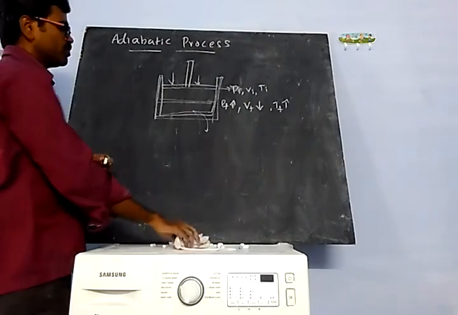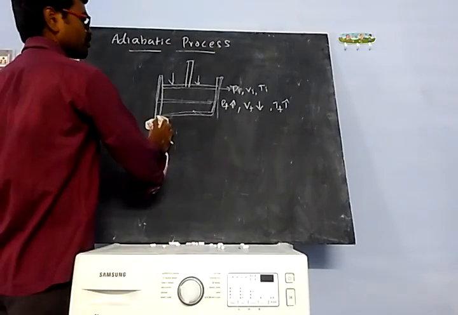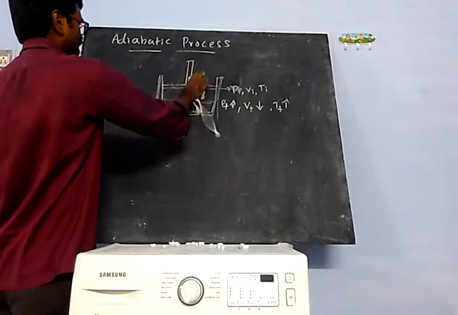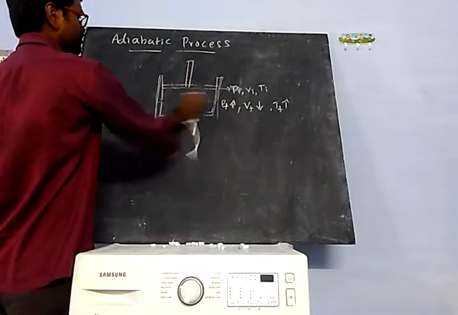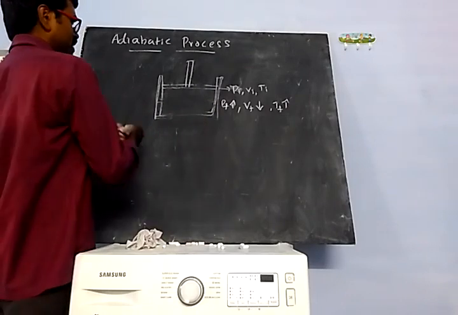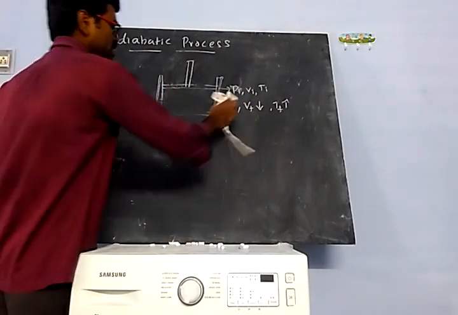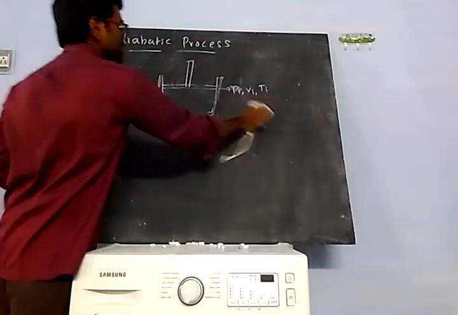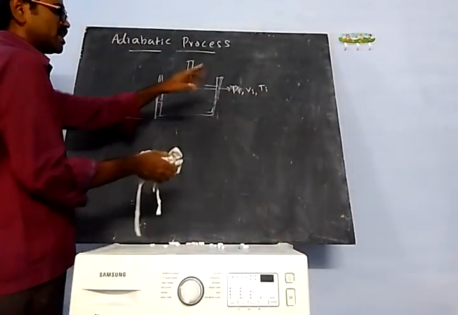Suppose you increase the volume, that is, you expand the piston. This is the initial pressure, initial volume, and initial temperature.